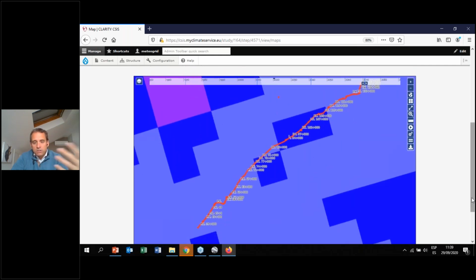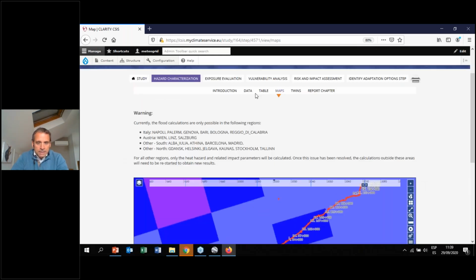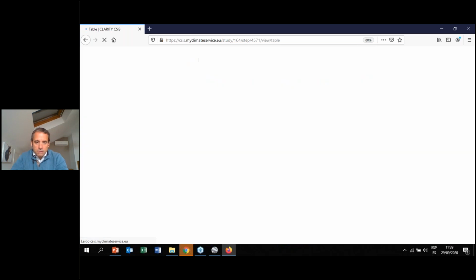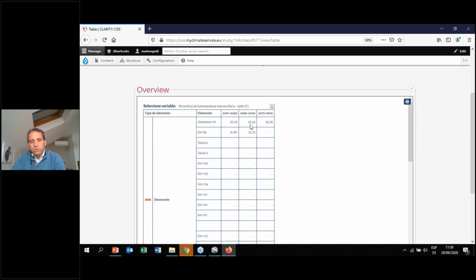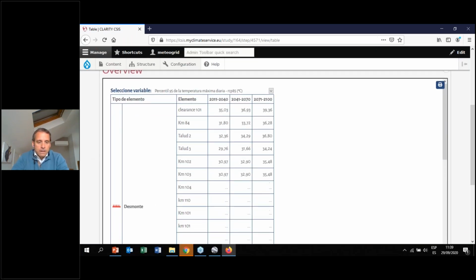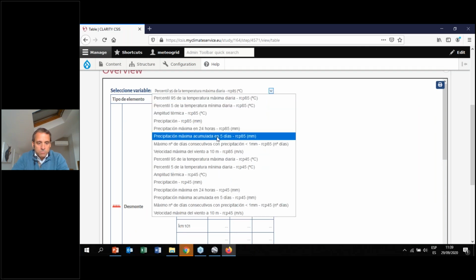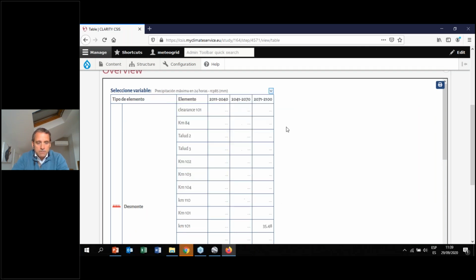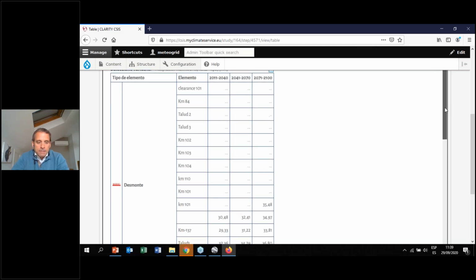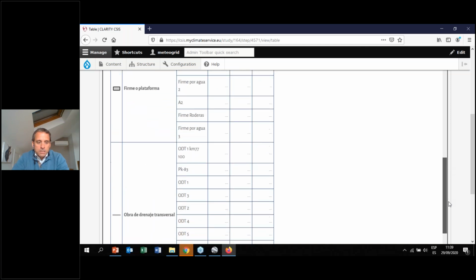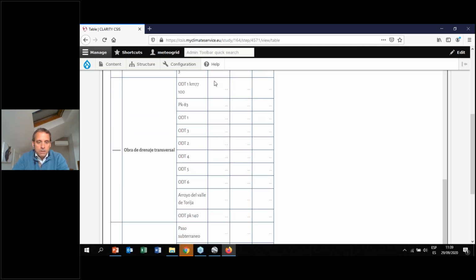Because it seems, according to the estimations, that if we go to the table, just to have a specific overview of each point, the system goes to the base data and comes again with the data. I'm going to plot the maximal precipitation in 24 hours. If we go to the drainage systems, let's wait for the system to calculate and come back with the data.